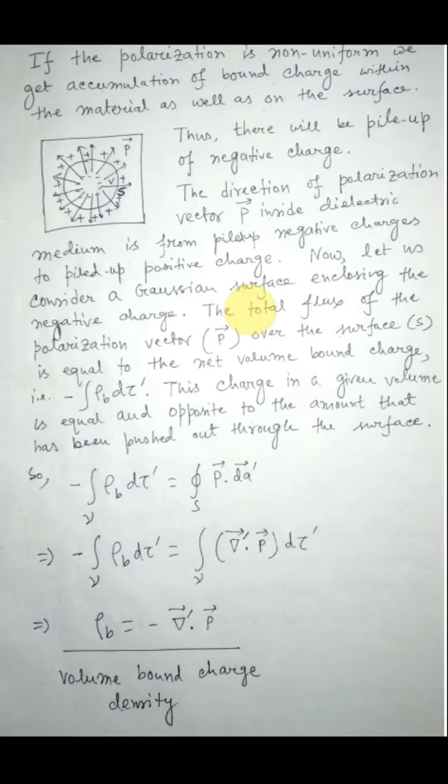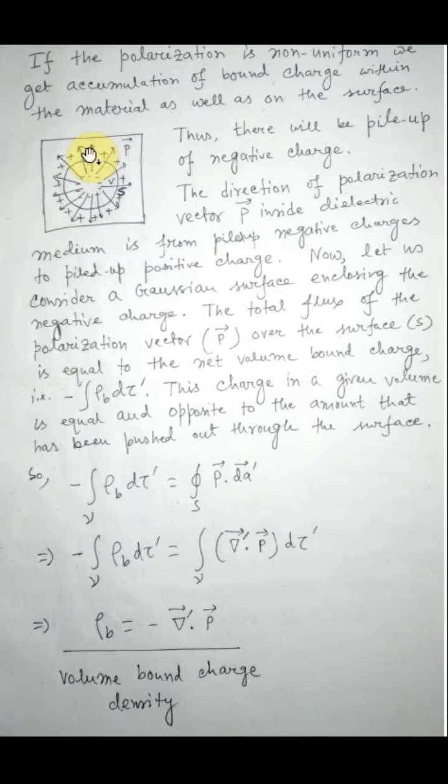So thus there will be a pile up of negative charge inside the dielectric medium, and the direction of polarization vector P inside the dielectric medium is from this piled up negative charge to the piled up positive charge. Now let us consider a Gaussian surface enclosing the negative charge.